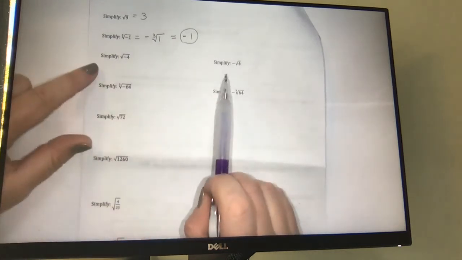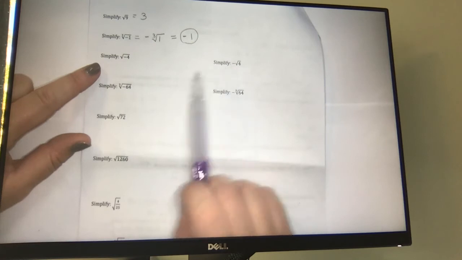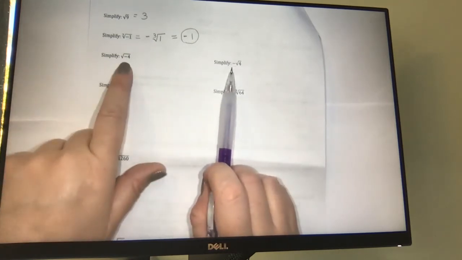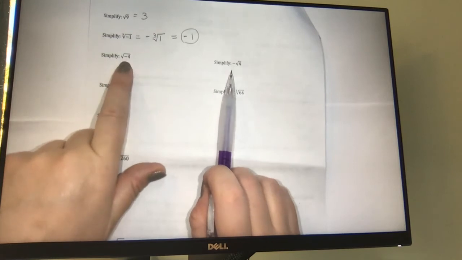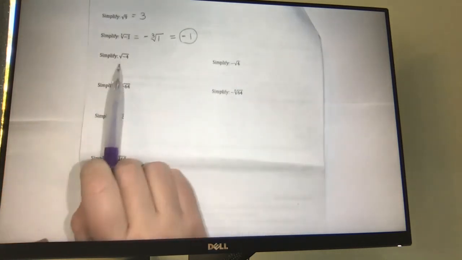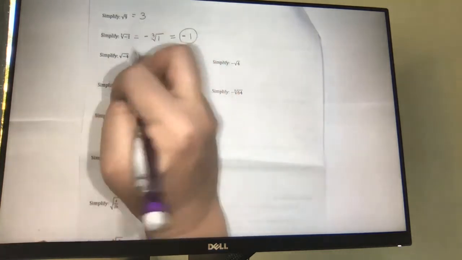All right, now look at these two. Let's compare them. We have an even index, so we have a square root. This one has a negative radicand, this one has a negative outside. One of these is a real number and one of them isn't. Let's start with this guy. What's the answer to this guy going to be? Not a real number.